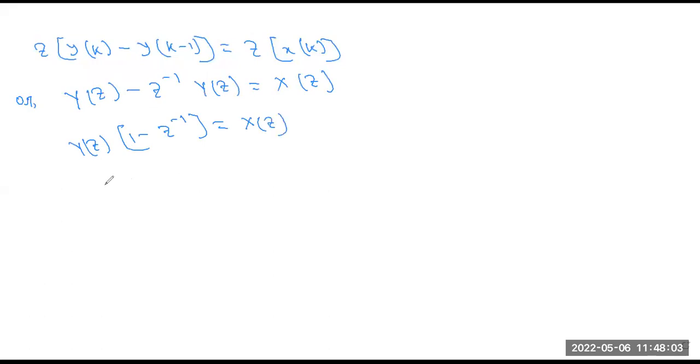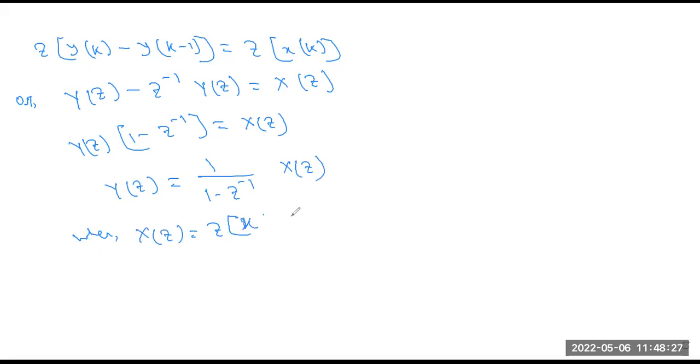Now we have y of z is equal to 1 by 1 minus z inverse into x of z, where x of z is the Z transform of x.